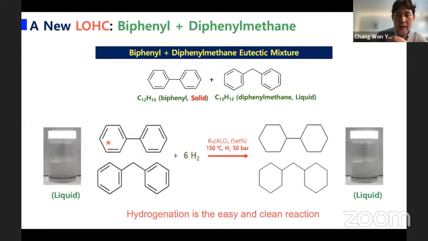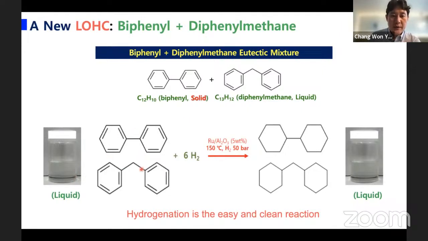So what we did is we mixed this together with a specific ratio, then it turns to liquid at room temperature. This is called a eutectic mixture.